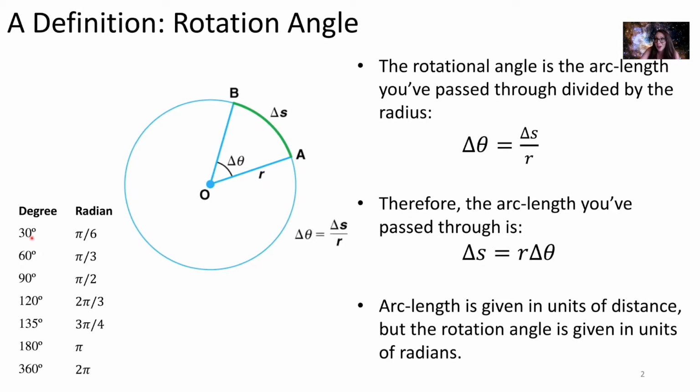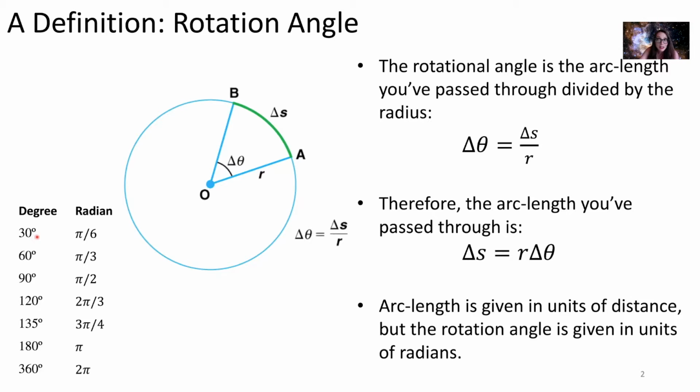Say we want to convert from our angles in degrees to our angle in radians. How can we do that? Well, if we are given an angle of 30 degrees, we have to get it in radians. I always know that 180 degrees is the same thing as pi radians. So I can multiply my 30 degrees by a conversion factor.